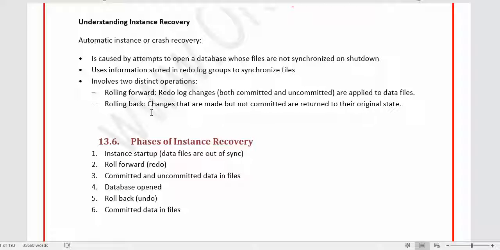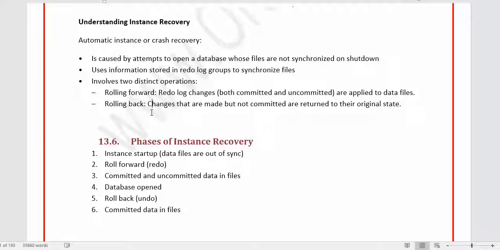Because your instance is crashed, your database buffer is also cleaned up, but in the disk you do not have all the committed transactions yet, right? Now what happens when the instance comes back the next minute is it identifies that there were transactions not yet saved into the disk with the help of the SCN number in the data files. The SCN number in the redo log will be different from the SCN number in the data files.